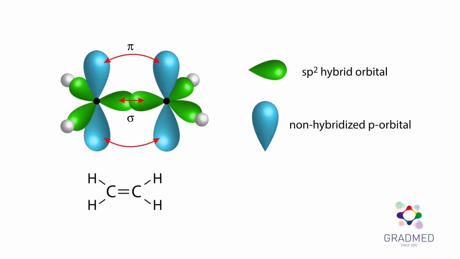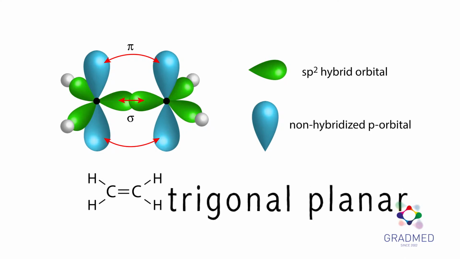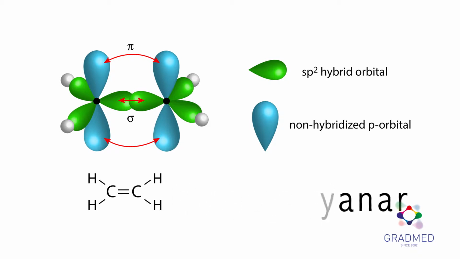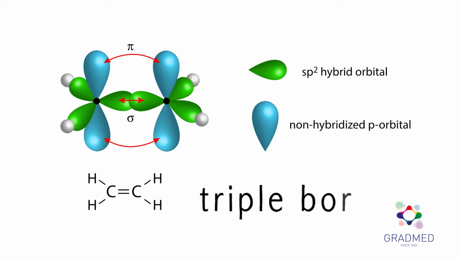The best way to arrange three bonds is not in a tetrahedron as before, but in a triangle shape within the plane. So we describe the shape around each carbon atom as being trigonal planar. If you look at the three green sp2 hybrid orbitals around each carbon atom, you should be able to see this shape.